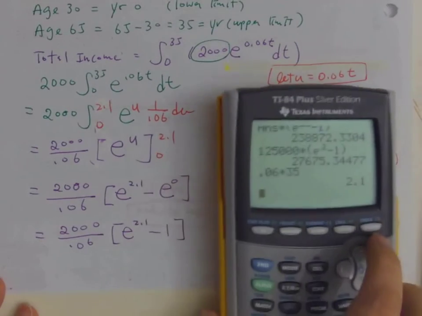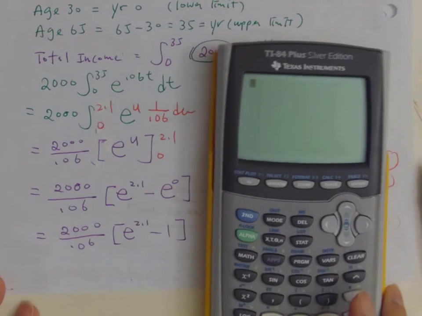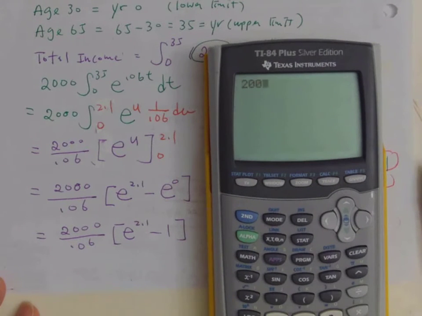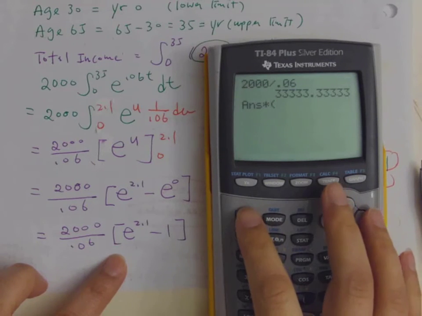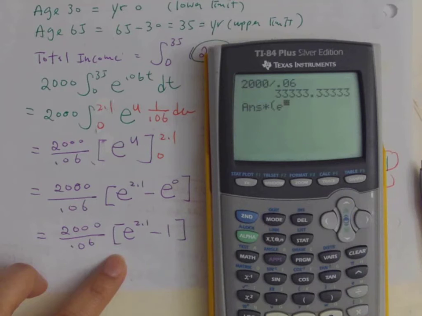So let me see. I'm going to have 2000 divided by 0.06, and then I can hit enter first, times parenthesis, find my e, which is on top of ln, right? Raised to 2.1, and then move the arrow down. You're subtracting 1 here, right? Close the parenthesis like that.